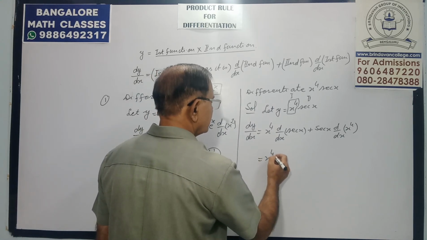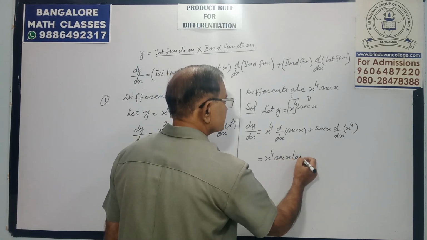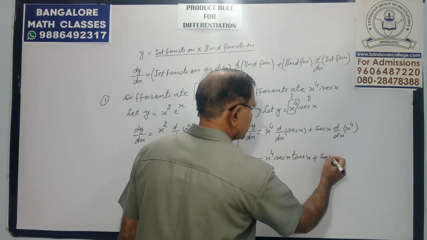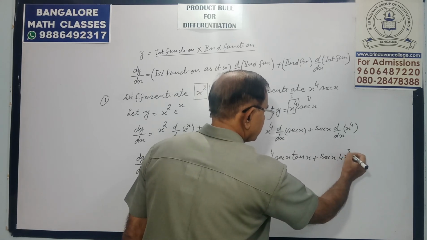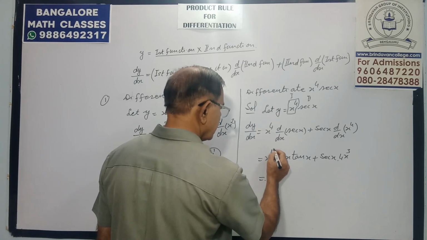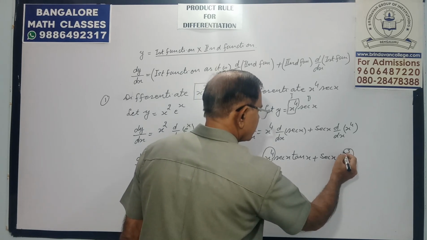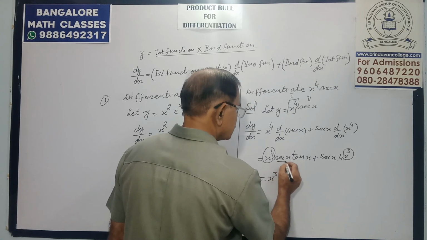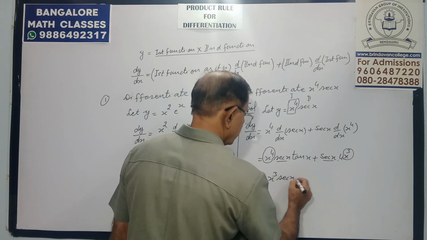x⁴ d/dx of secant, secant x tan x, plus secant x as it is, d/dx of x⁴: take out the power, subtract 1 from the power. Now see what we can take common: x³. x⁴ and x³, the lower power x³ we can take common; secant x and secant x, secant x we can take common.